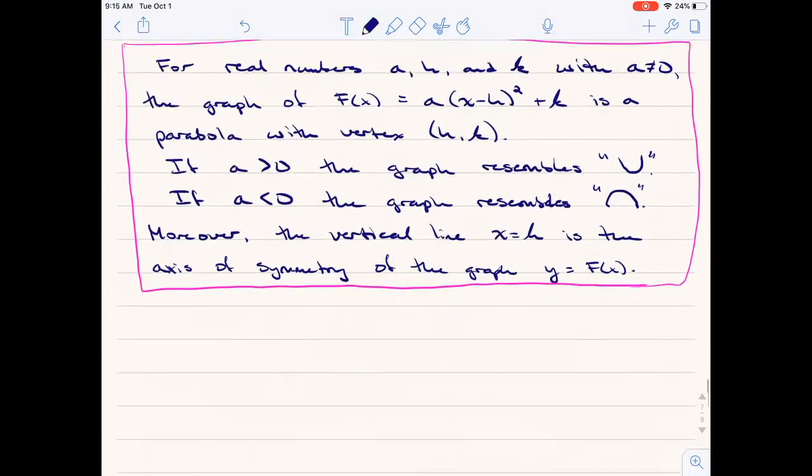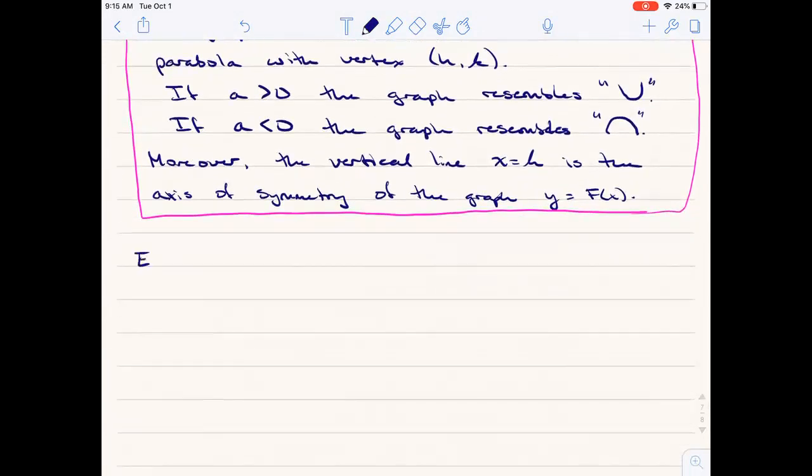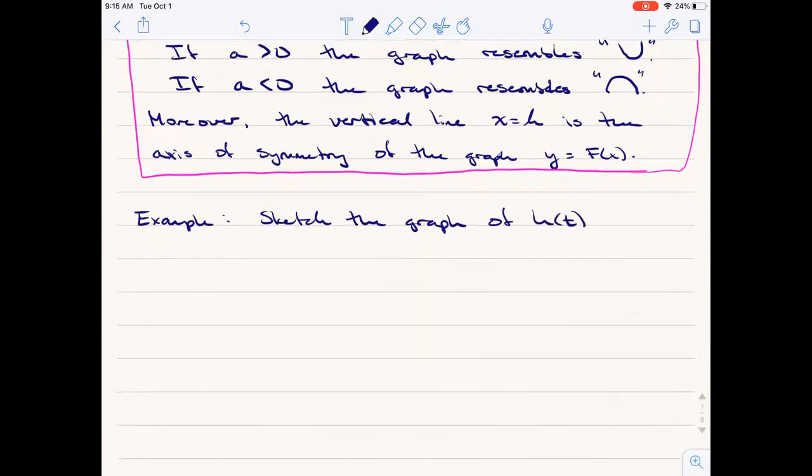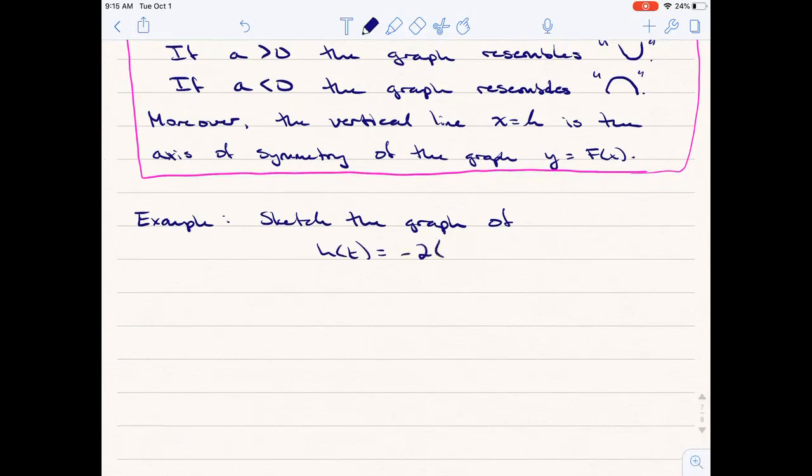And so as a little example, what if I ask you to sketch the graph of h of t is -2 times t minus 3 squared plus 1.